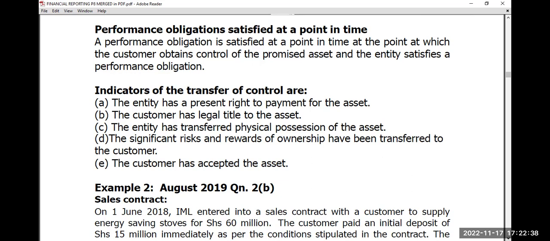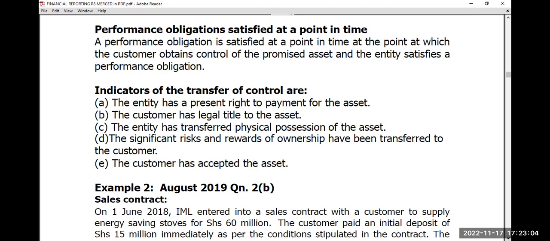Then the last one, we have that the customer has accepted the asset. This is very key because you may say that the customer has paid the money and we have delivered the goods, but the customer reaches there and says, these are not the quantities I wanted, or these are not the qualities I wanted. Take them back and bring me others.